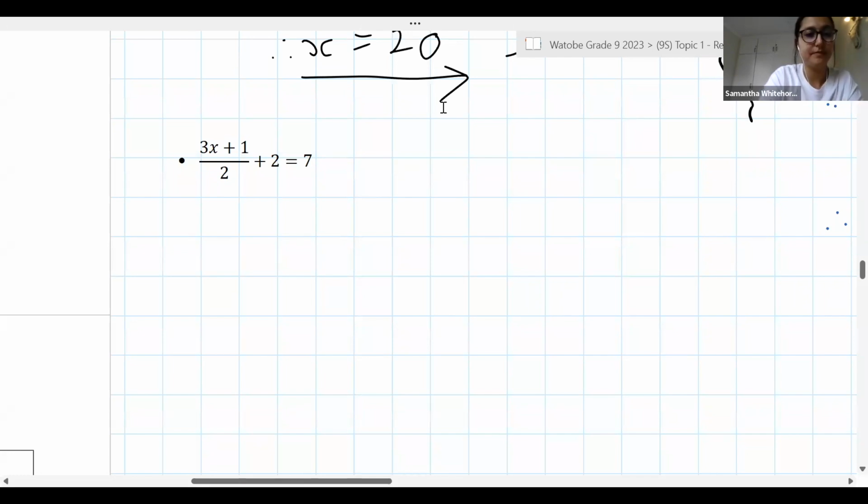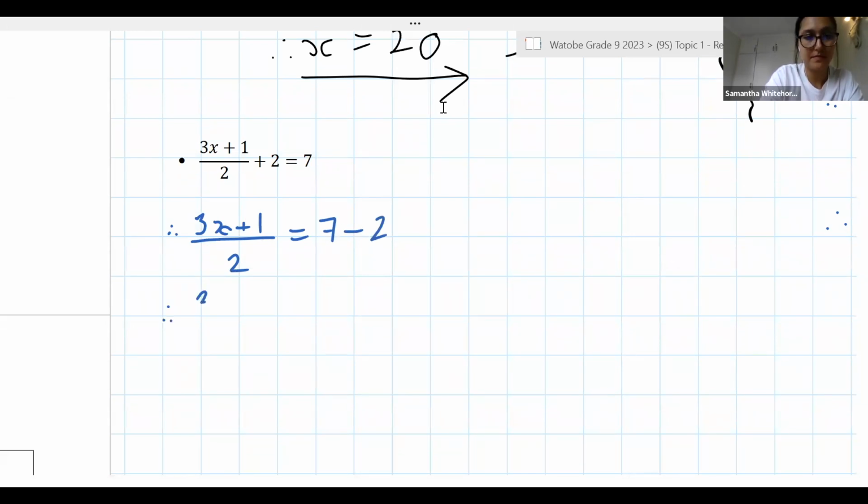Then I said in the next step 7 minus 2. Then I said 3x plus 1 divided by 2 equals 5. And I said in the next step 5 times 2, ma'am. Yeah. Which is 10.